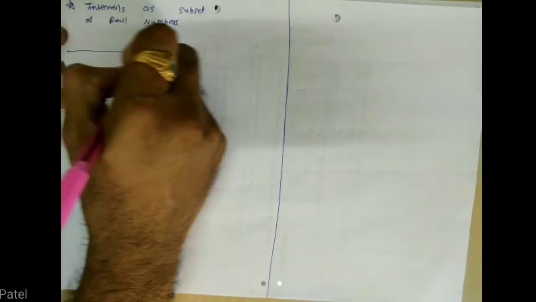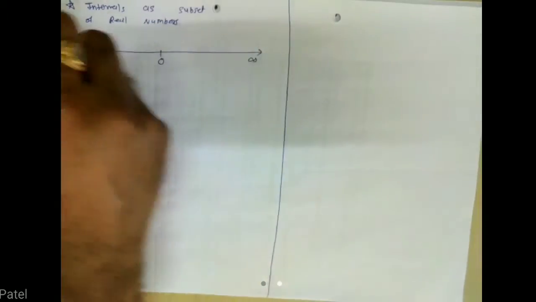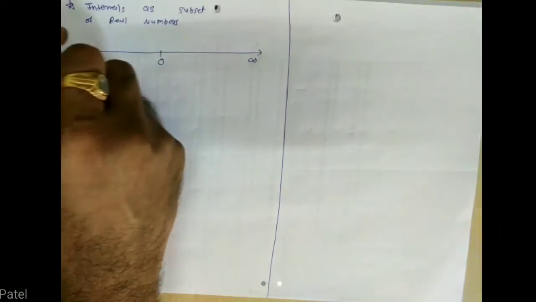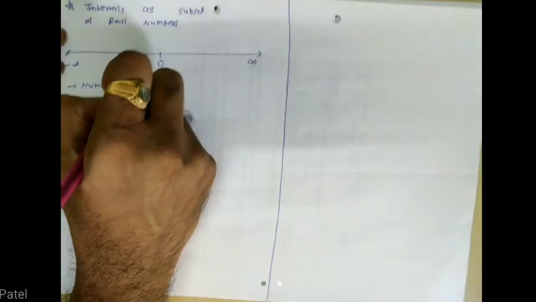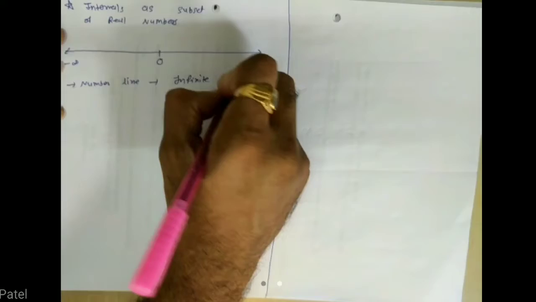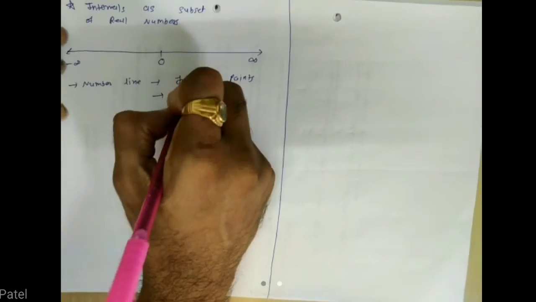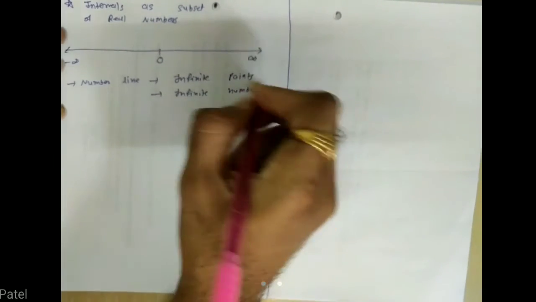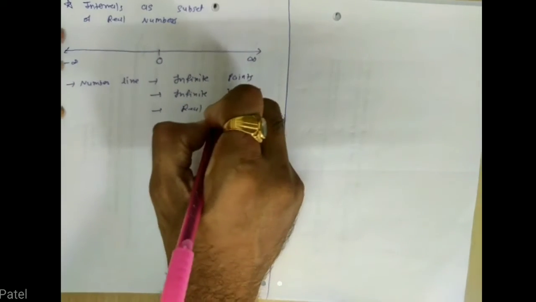So this is our number line. On the number line, there are infinite points, and each point represents a number. Those infinite numbers are nothing but the real numbers.